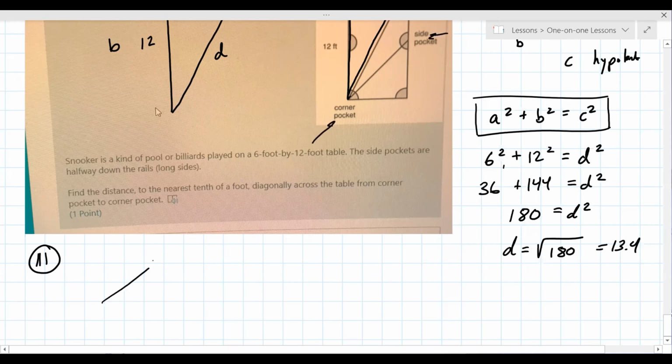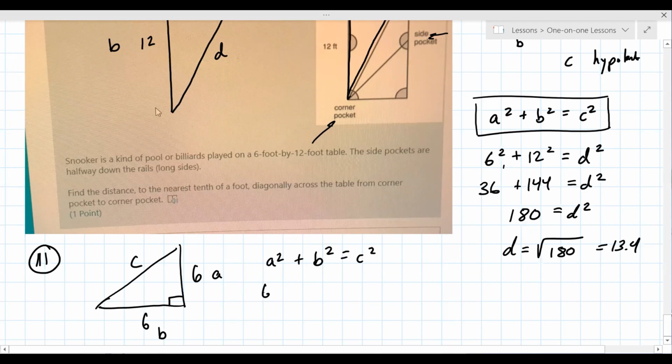So the triangle, this is still 6. And then if it goes halfway up to the side pocket, the whole length is 12, but this is half of that, so it's 6. So this is your A, this is your B, and this is your C. A squared plus B squared equals C squared.